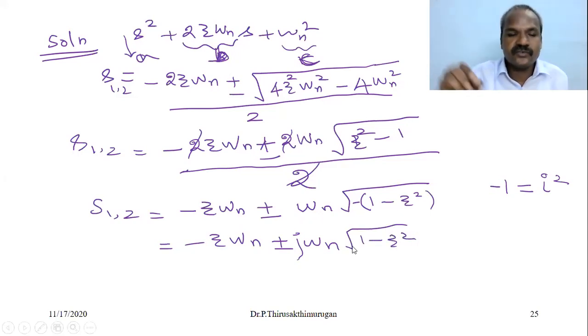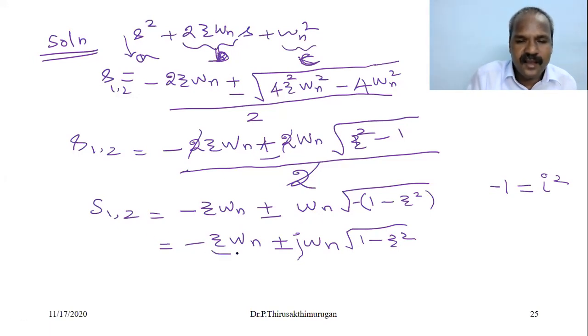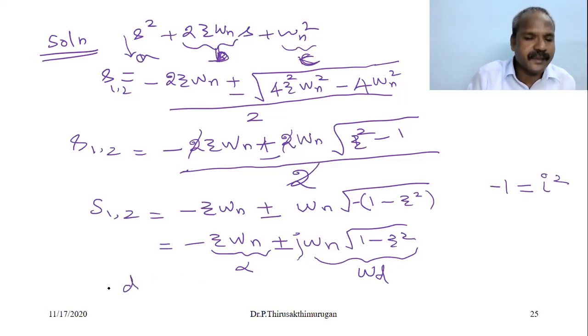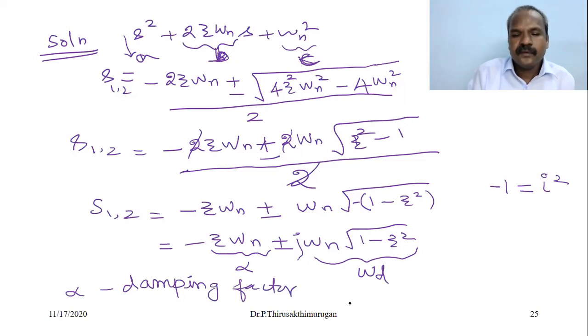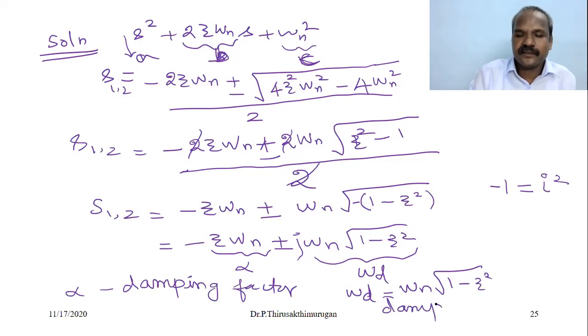Now I am going to introduce a new term called alpha, the damping factor, and I replace this as omega d. Omega d is equal to omega n square root of 1 minus zeta square. This is the damped frequency of oscillation.